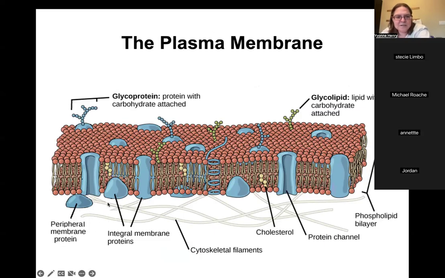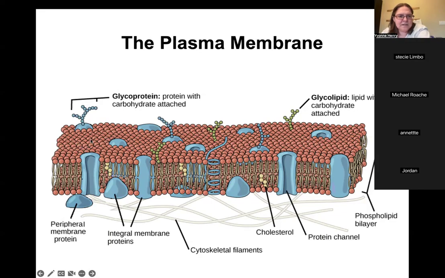So the cytoplasm inside the cell is something that's uncomfortable for these little tails of the phospholipids. So they line up in a way where the heads here block off all of the access to the liquid. So the cytoplasm liquid inside the cell, the watery environment outside the cell isn't going to contact the center because these heads, called hydrophilic, meaning water loving, will block the water from getting through.